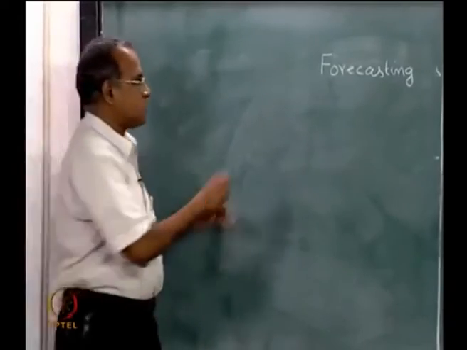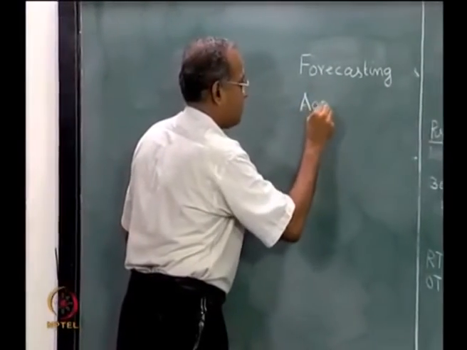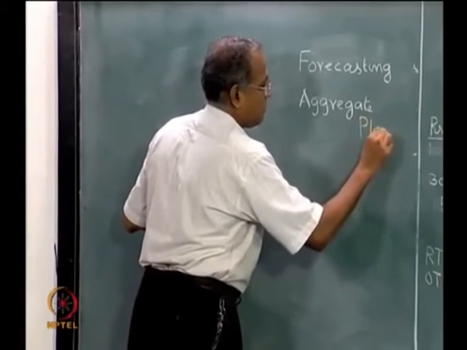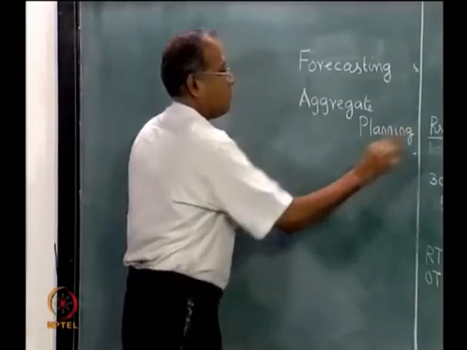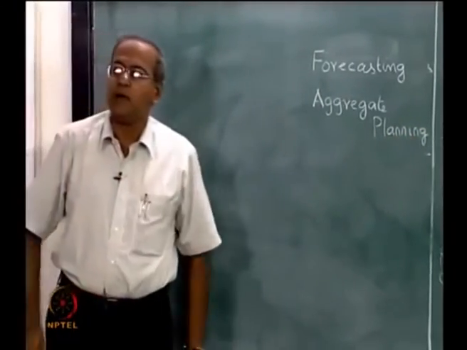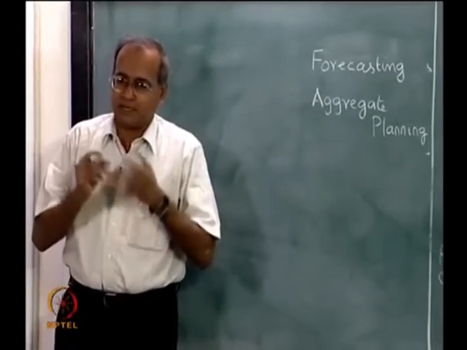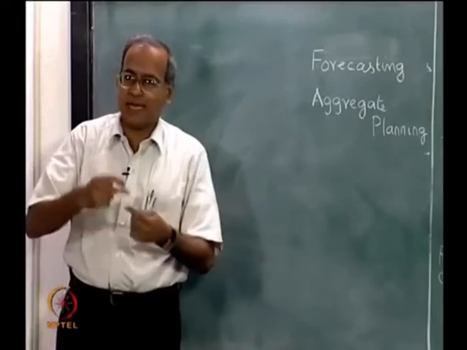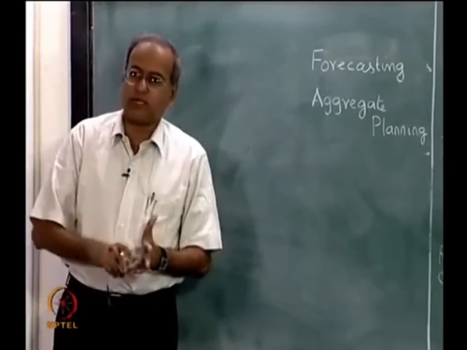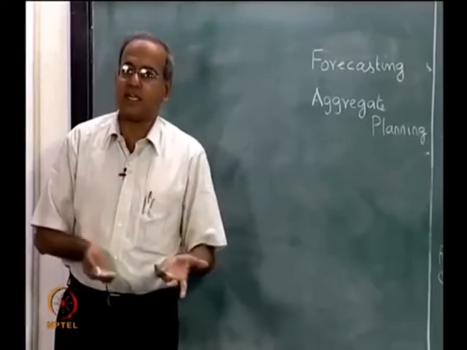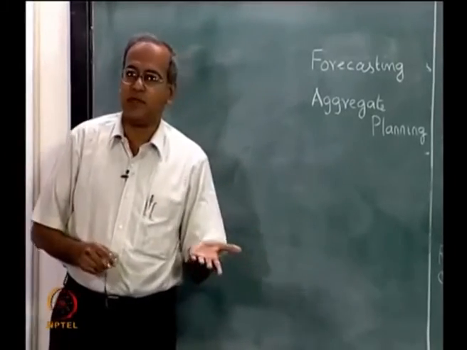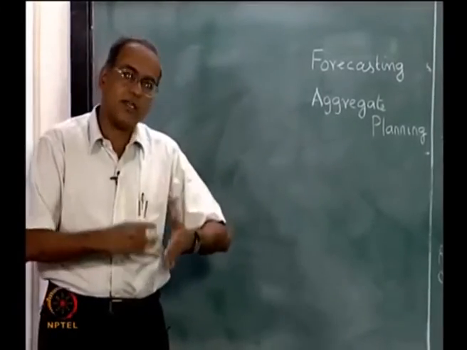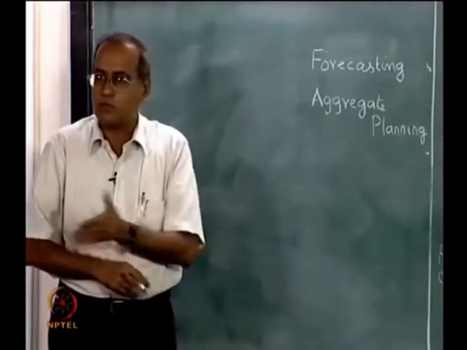Then we answered the next question in aggregate planning: now, if this is the demand that we have to produce and meet, how are we going to do it in terms of regular time capacity? Should it be fixed? Can it vary with the workforce? Overtime capacity? What are the other strategies? Is there an outsourcing strategy? Are we going to hold inventory, or are we going to incur some back ordering?